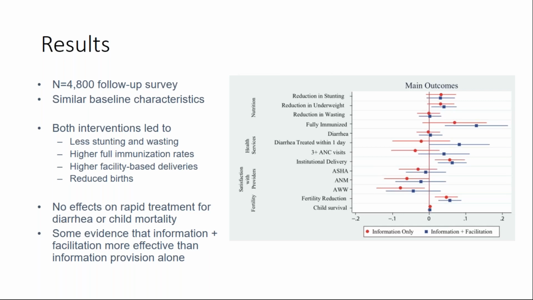So when you look at reduction in stunting, for example, we wanted to present this so that a move to the right is seen as a favorable change. So stunting prevalence is going down. What we see overall, the headline results here, are that both interventions, the information provision as well as the information and the facilitation of these monthly meetings, led to less stunting and wasting among children below 5 years of age.